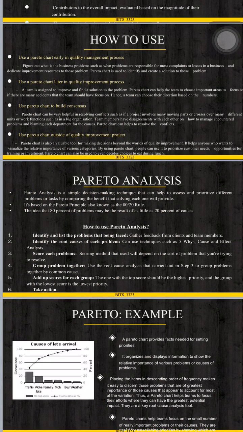The scoring method used will depend on the sort of problem that you are trying to resolve. Fourth, group problems together. Use the root cause analysis carried out in step 2 to group problems together by common sense. Fifth, add the group score for each group. The one with the top score should be the highest priority, and the group with the lowest score is the lowest priority. Lastly, take action.